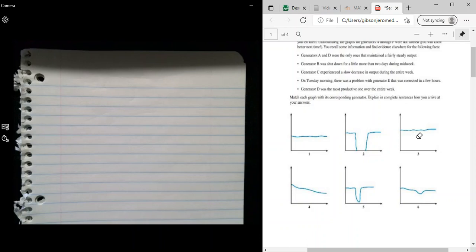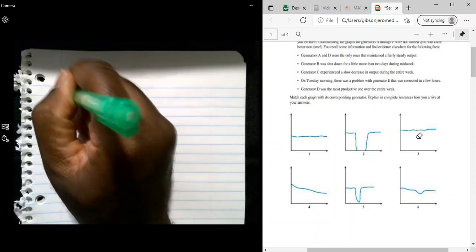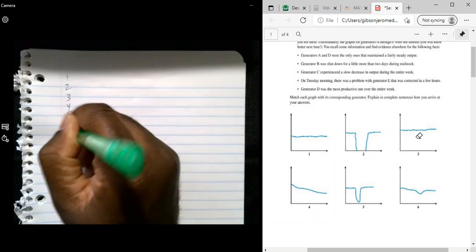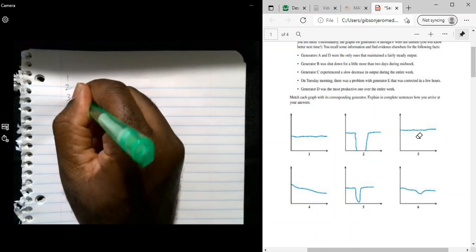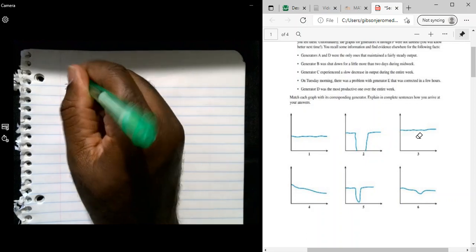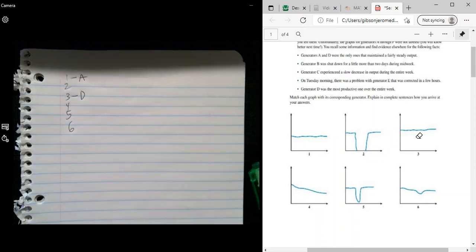So what I'm going to do, I'm going to write down the numbers of the generators. So 3 would be D. That means 1 would have to be A. So we took care of A and D. Now it says here, generator B was shut down for a little more than 2 days during midweek. If something is shut down, that means it has no output, right?